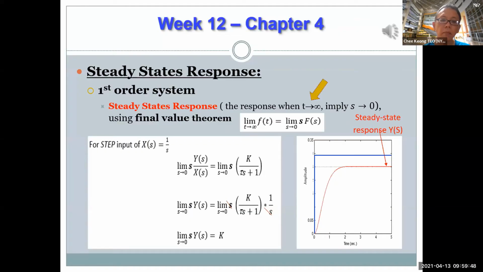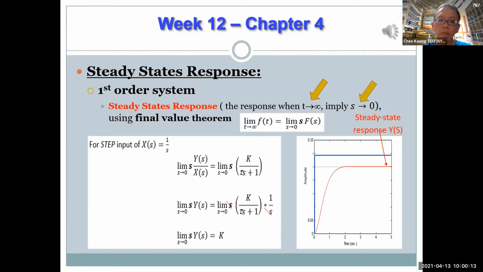Now let's look at the steady states of a system. When we look at the steady states of anything, usually we give it a rather long time to settle down. Here it is the same. When we talk about steady states of a system, we wait for a long time, meaning t approaches infinity.